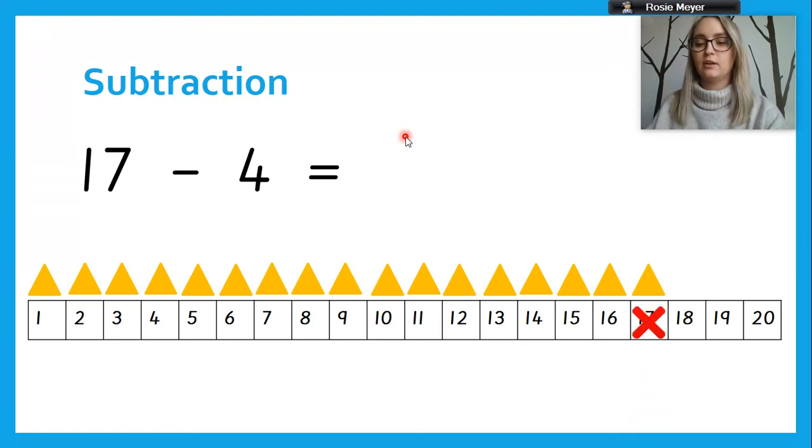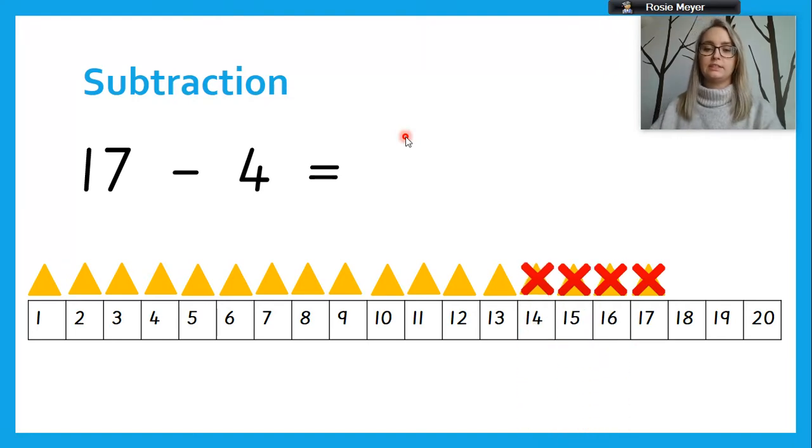When you've drawn your 17 triangles, we're going to be looking at taking away 4 triangles. So let's count together. 1, 2, 3, 4. Fantastic. So we've now taken away 4 triangles from our group of 17, and we need to count the remainder, the leftover of our triangles to find out our answer.